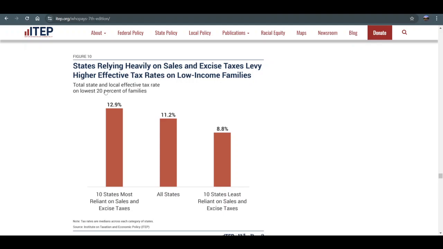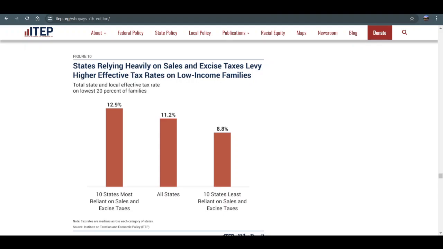So if you're in the bottom 20%, you're paying an effective tax rate of around 13% if you're in a state that relies on sales tax, which is regressive. Whereas in states that have state income taxes and sales taxes both, the bottom 20% are paying more like 9%. So you can see the sliding scale there.